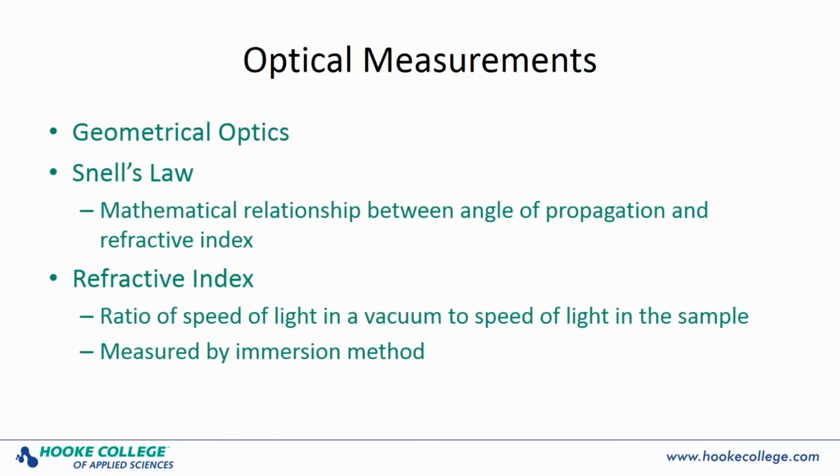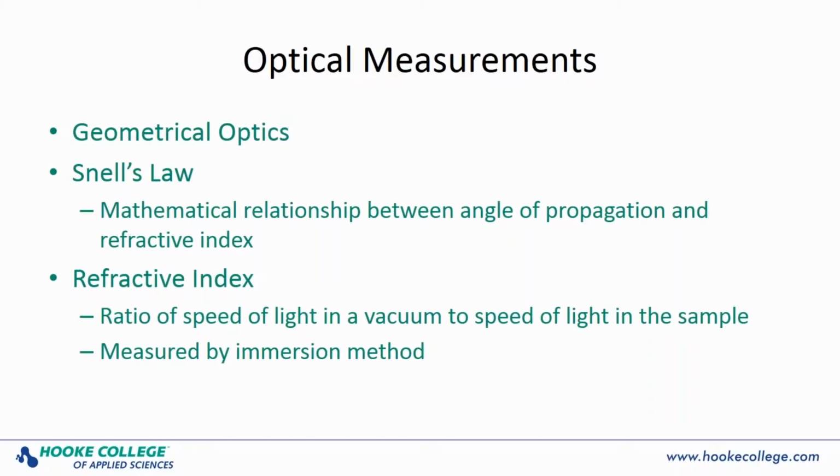This bending of the light is called refraction. The ratio of the speed of light through a vacuum to the speed of light through another medium is defined as the refractive index. Refractive index values can be measured by observing how particles behave in various mounting media of known index.